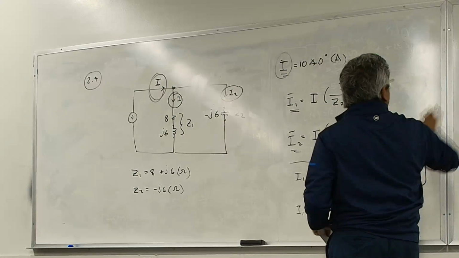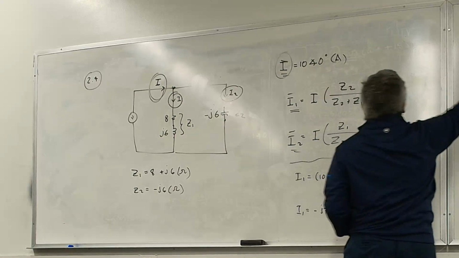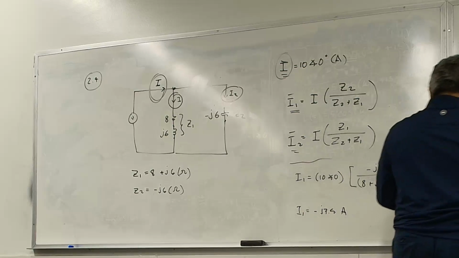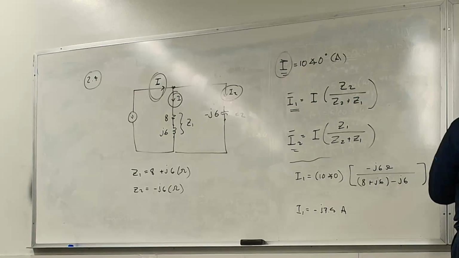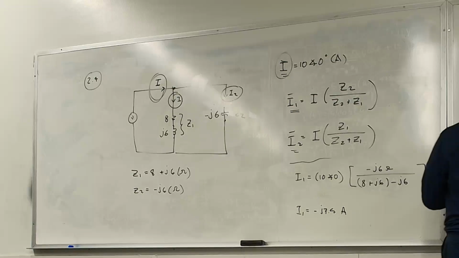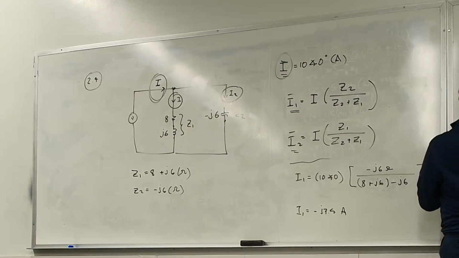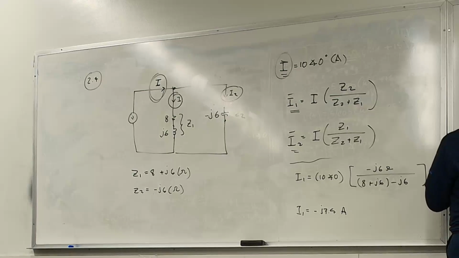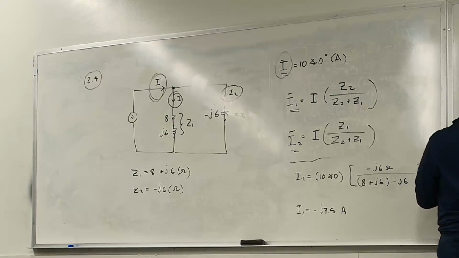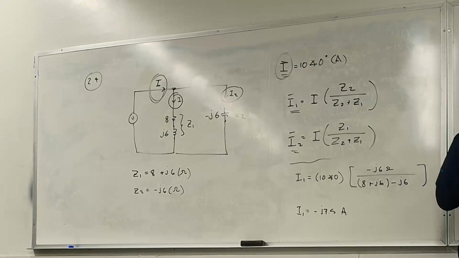Now, like I said, I can take this minus that, and I can find that. Or I can write it this way. I'm going to do I2 is equal to I minus I1. So I2 is equal to 10 angle 0 minus 7.5 angle minus 90 degrees.